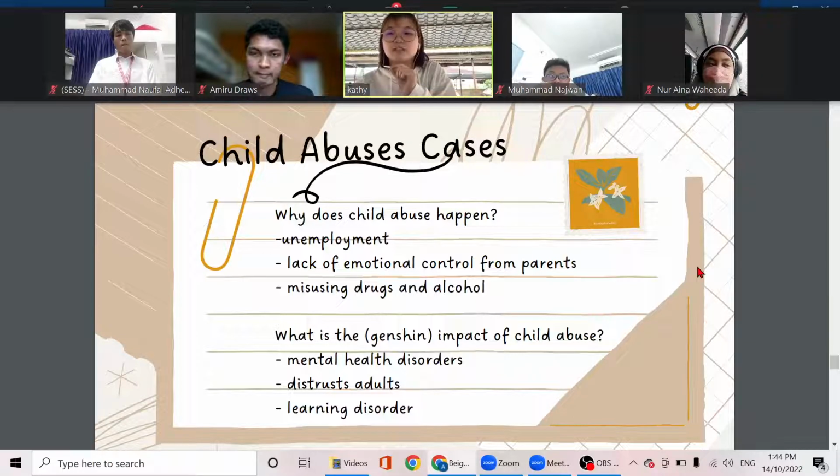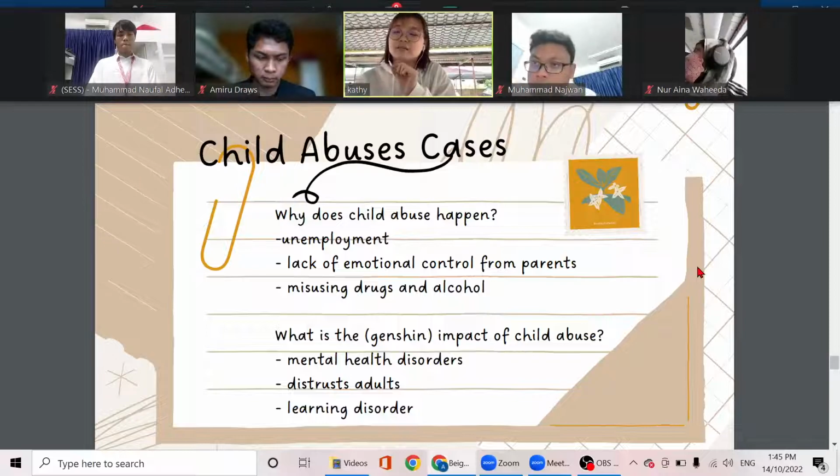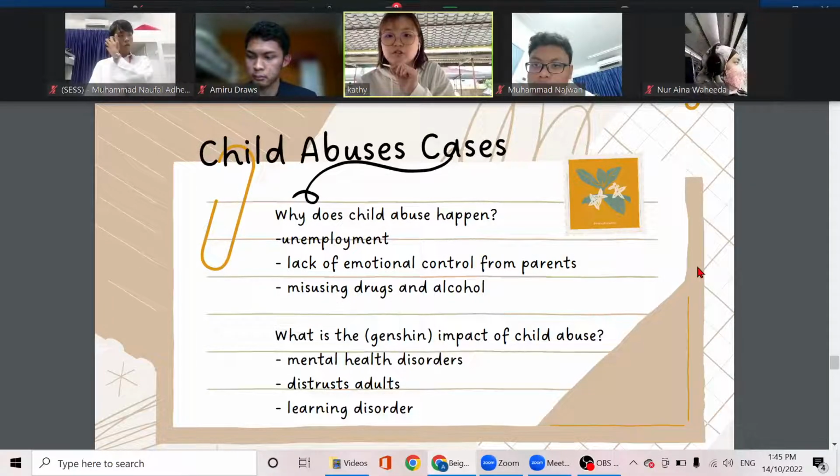Also, one of the reasons child abuse happens is maybe the parents are drug addicts, so they don't know how to control their emotions or their attitude, and they will try to abuse their children.